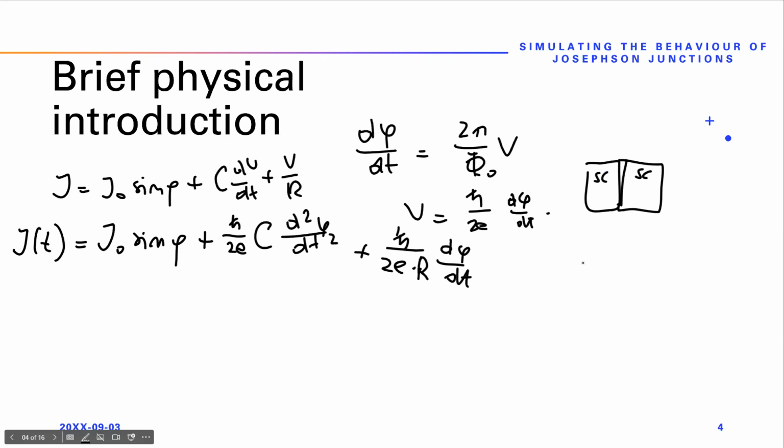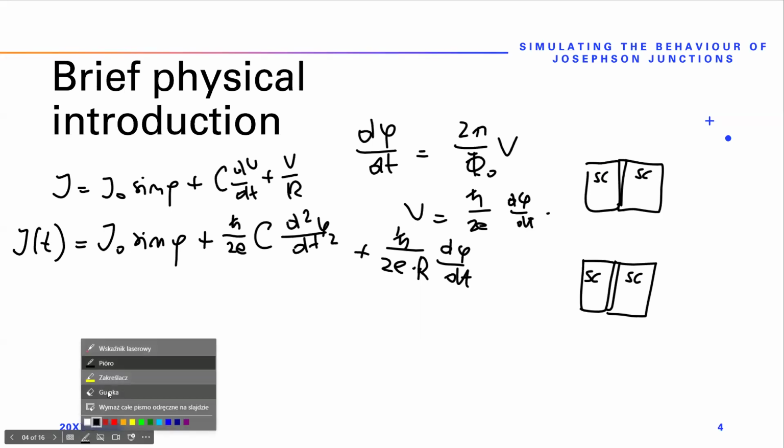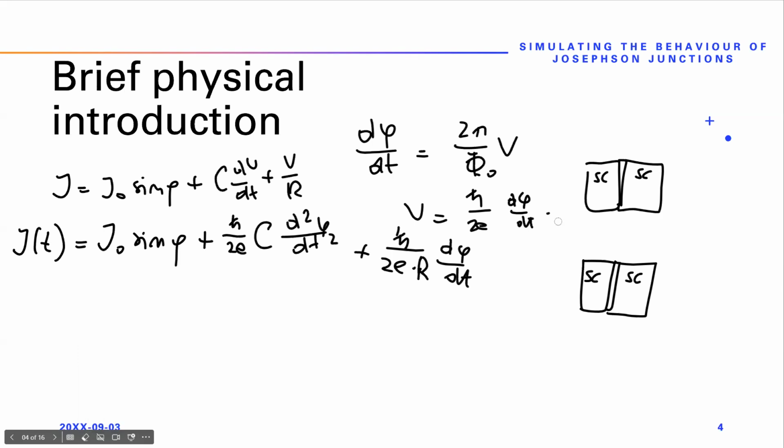Okay, and then there is a constriction, which is like a narrowing between two superconductors. There is no barrier in between, but there is a kind of narrowing, like I show with my fingers. So can you write it down? Yes, exactly.